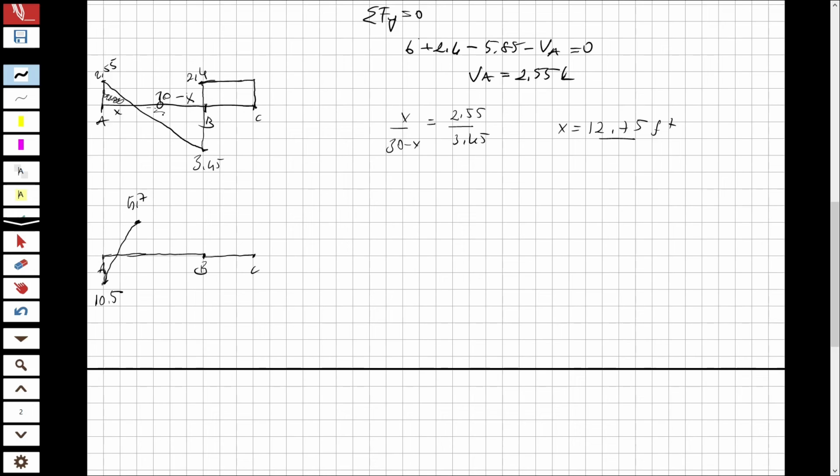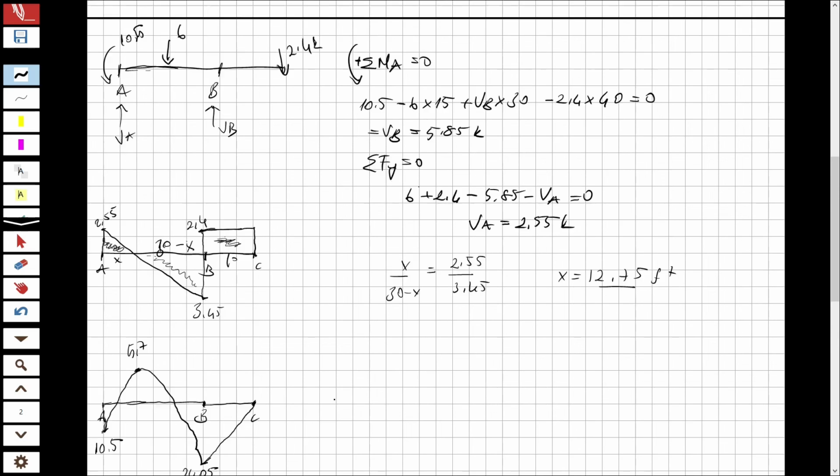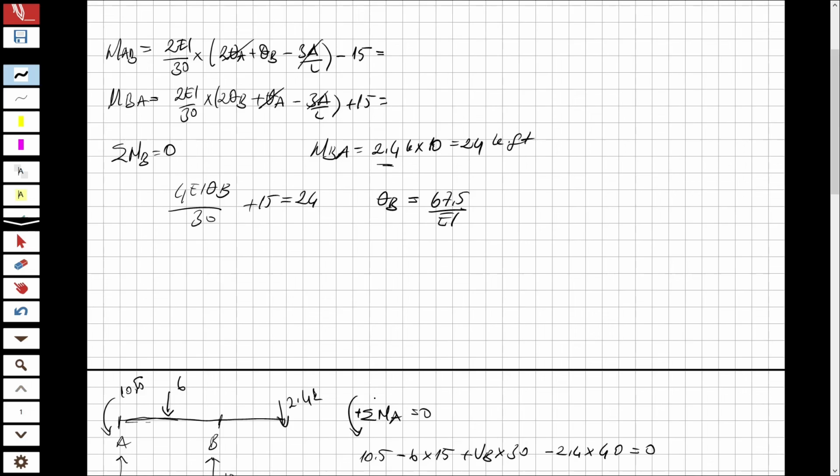And then I will go down by this amount of area, and I will reach 24.05. And again I will raise up by this amount of area, this 2.4 times 10, it will be 24, and it will be closed. Now you can see I drew the shear and the moment diagram also, and we solved the question.